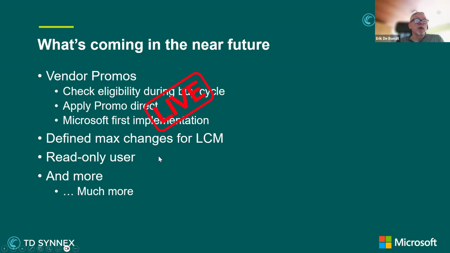A read-only user and a sales admin, sales manager user will be made available in the next couple of weeks. And there is more and more coming. All nice features. Some will take more time, others will be there even before we get informed on them.